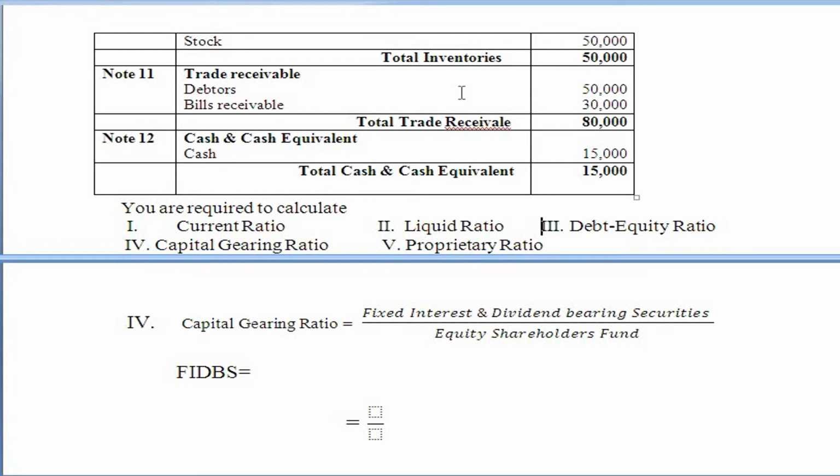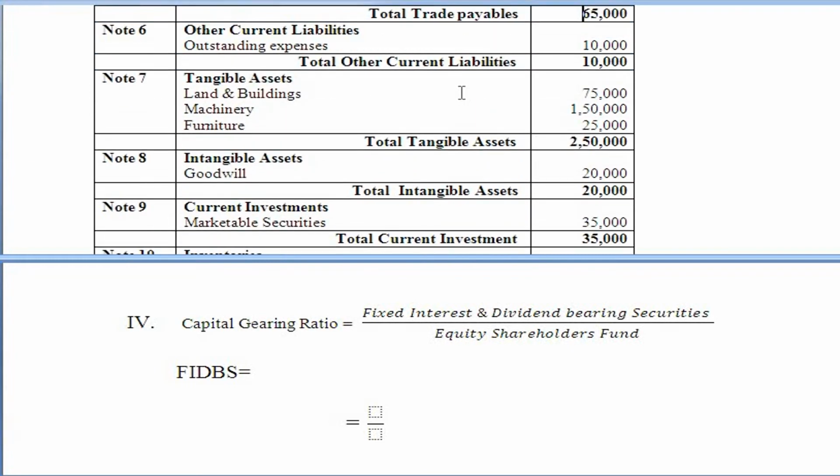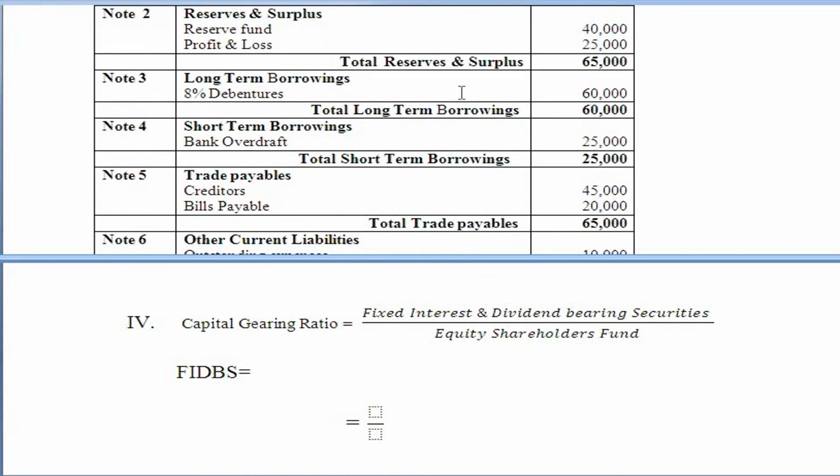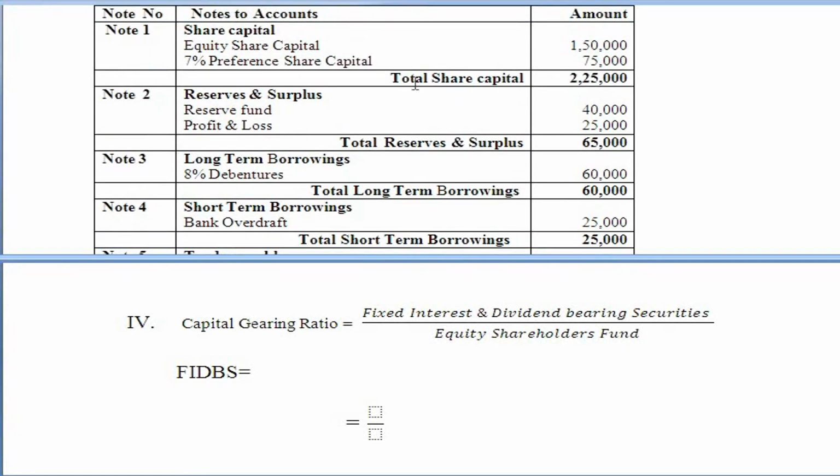The examples of fixed interest and dividend bearing funds are loans, debentures and preference share capital. In the problem there is preference share capital, so take this 7% preference share capital.